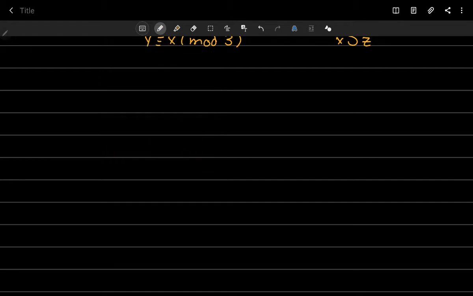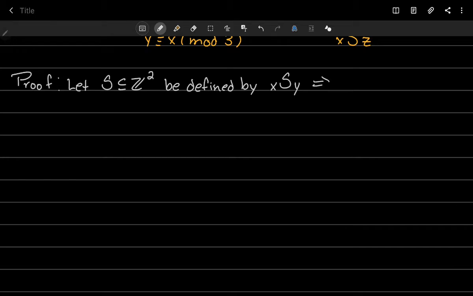Okay. So proof. I'm going to let S be a subset of Z squared. We said that was our universe. Be defined by x S y if and only if x is congruent to y mod 3.